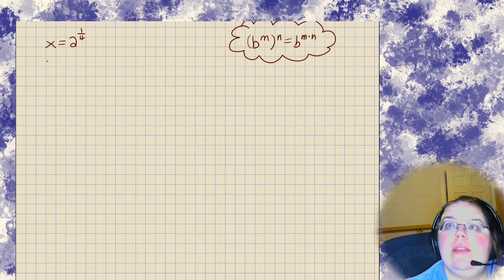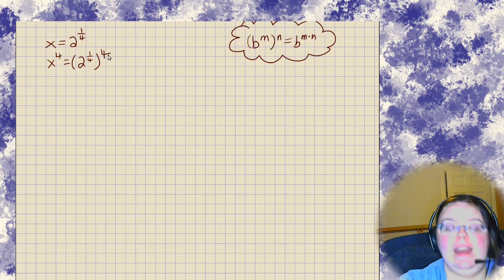So here's what I know. I know that x to the 4th power should be the same as 2 to the 1/4 to the 4th power. Whoops, that shouldn't be an x, that should be a 4. X is on the brain. Hey, it happens.